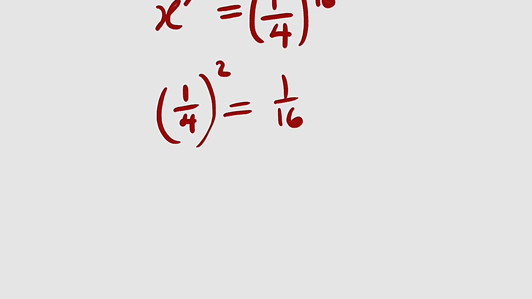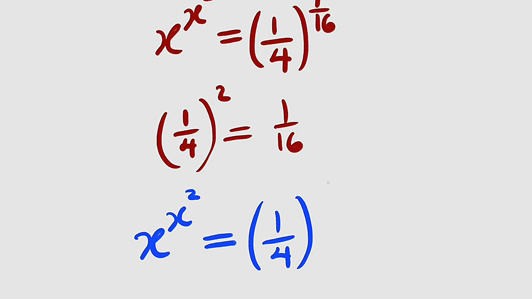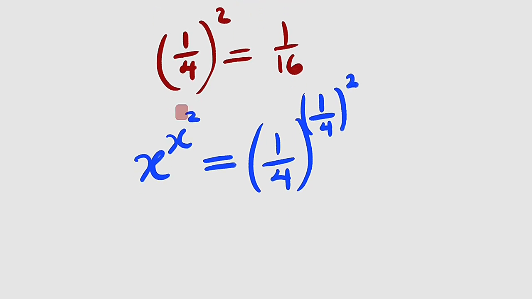So to the left hand side, we still have x to the power of x squared. But to the right hand side, we have 1 divided by 4 raised to the power of 1 divided by 16, which we can now replace with 1 divided by 4 also to the power of 2. This power of 2 will cancel this power of 2.